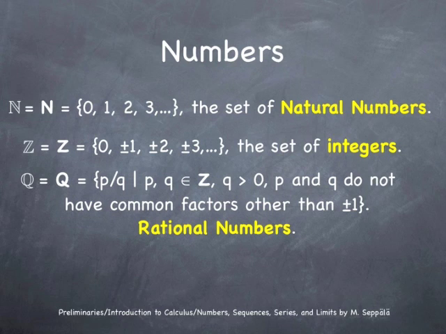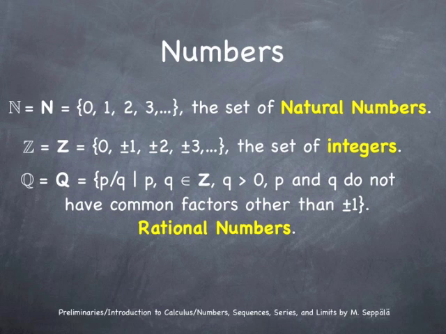Ratios of integers form rational numbers. A rational number is of the form p divided by q, where p and q are integers. We can take q to be positive, and we may assume that p and q do not have common factors other than plus or minus 1.